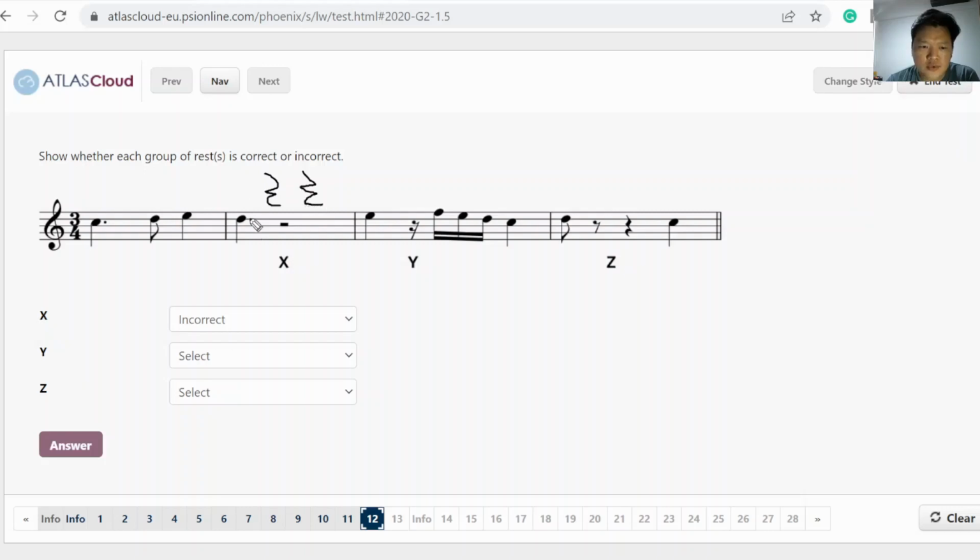You cannot group your 1 and 2 together. So the first answer is wrong. So look at this here. This is 1 count, 1 count, quarter, quarter. Yeah, this is correct, right? 4/4 is equals to 1. And this grouping is good, right? You can see half here, you will group with another half, correct? Then it becomes 1, then this is 1, then this is 1. Okay, so the Y and the Z are correct.